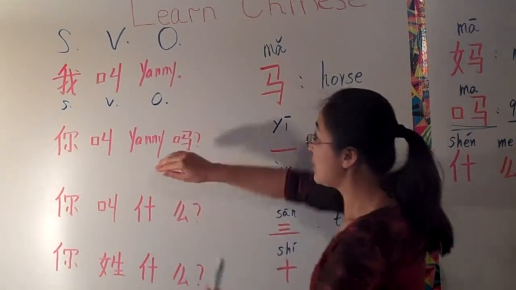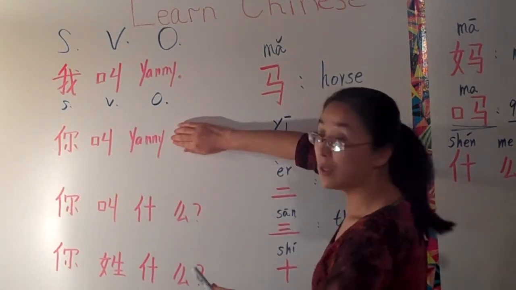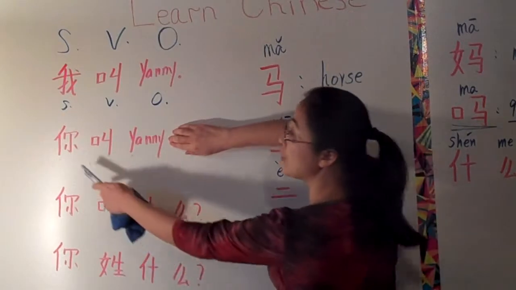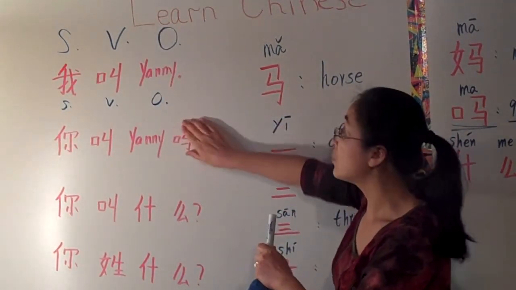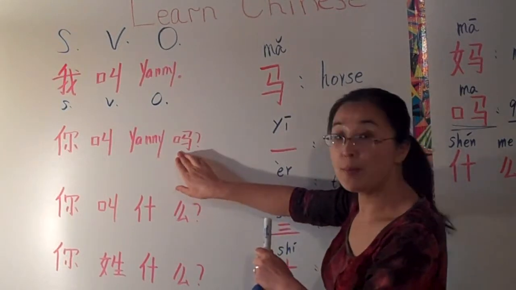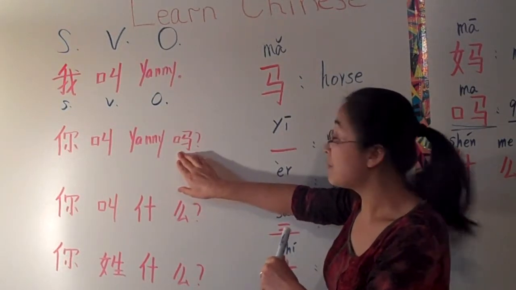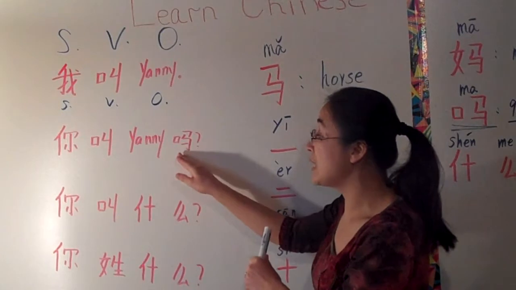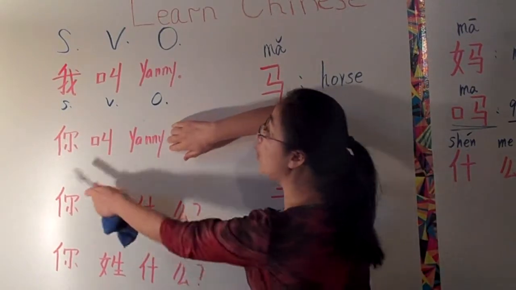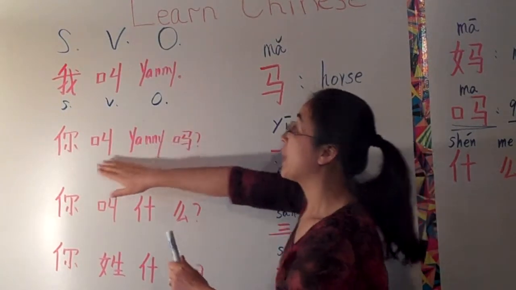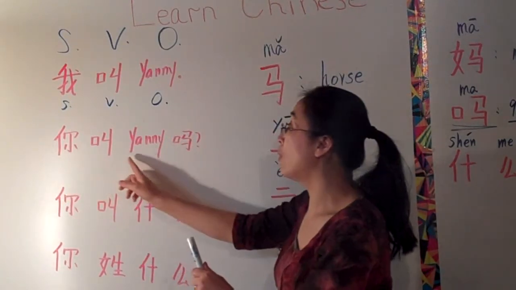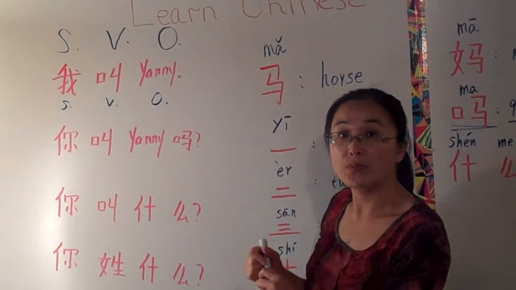For this sentence, if we stop here, it's a statement. You are called Yani, but we have the question particle here. If you put ma at the end of the sentence, it will turn the whole sentence into a question. It would be, are you called Yani?